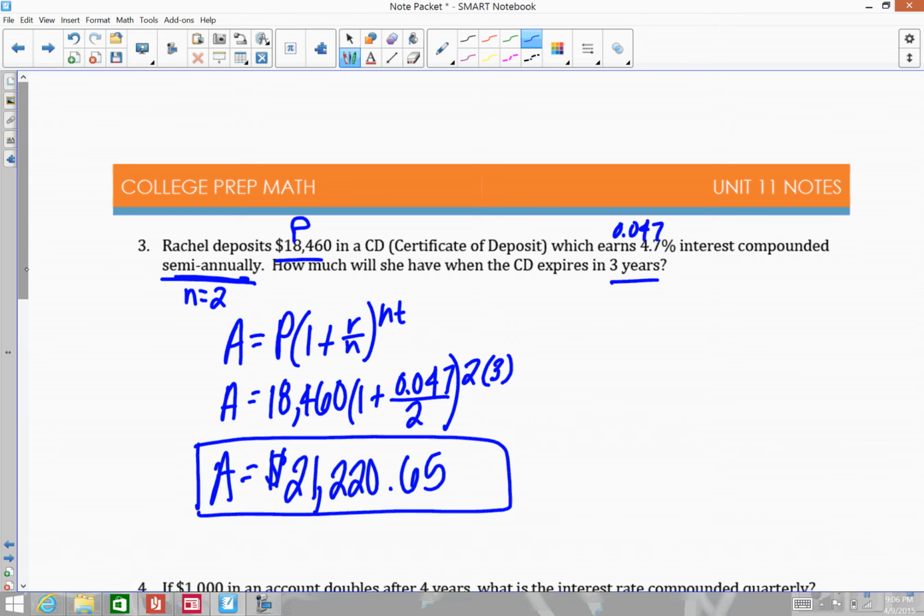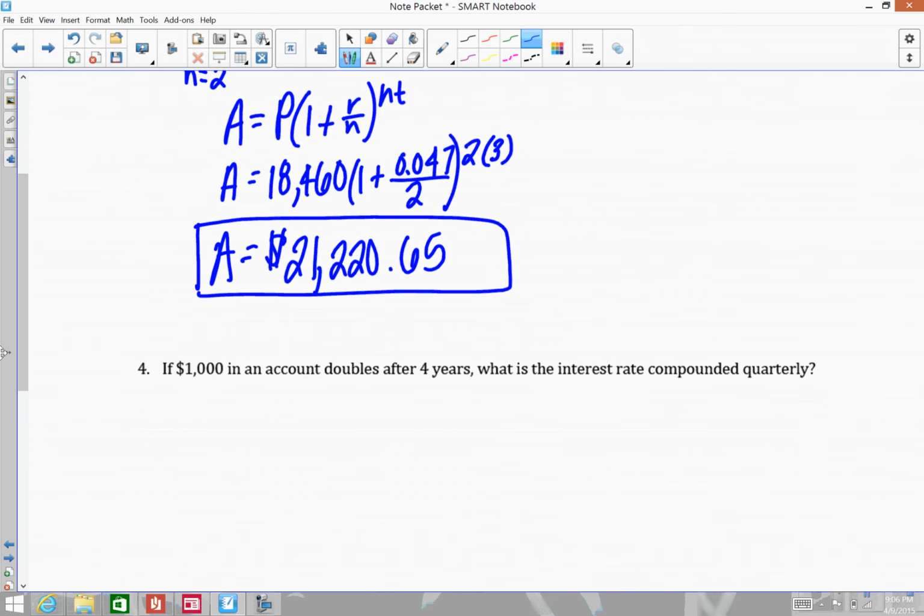And then one last example here is really looking at the same idea. We're just going to be solving for something different. So it talks about we have $1,000 in an account that's doubling after 4 years. So if it doubles, the account value is now $2,000 after 4 years.